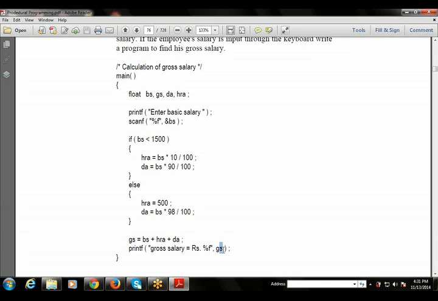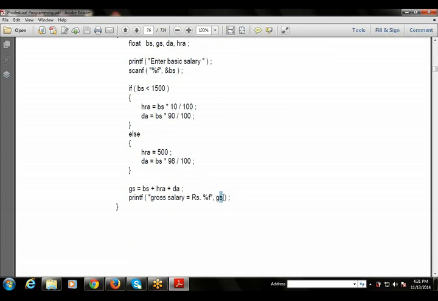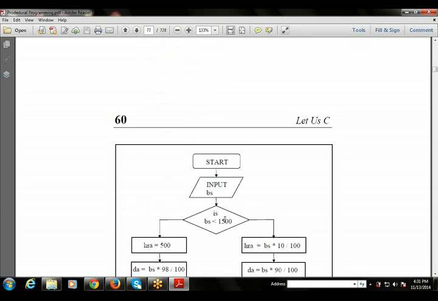Otherwise, if it is equal to or greater than 1500, then HRA is 500, and DA is 98% of the basic salary. Then print the value of GS, that is the gross salary.